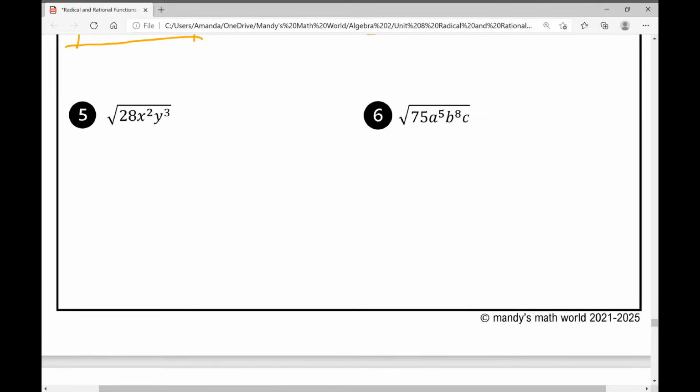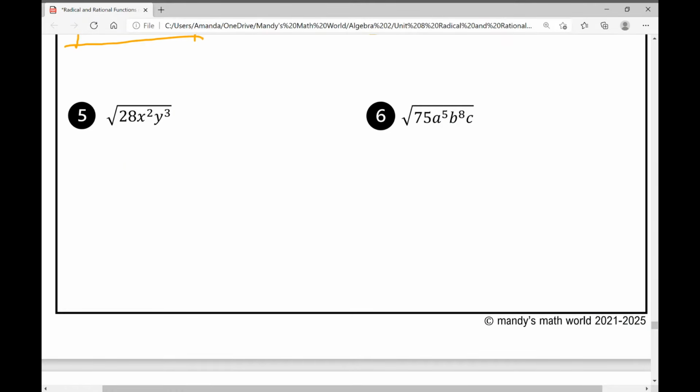So number 5, this is an example where we have variables involved, and they're raised to exponents. So what I first want to review is if I have something like the square root of x squared, that's the square root of x times x. And if you have 2 of something, you can pull 1 out, right? Well, what if I have the square root of x cubed?